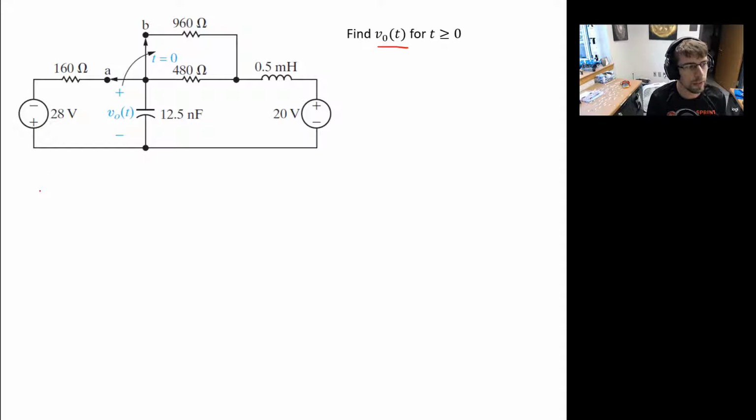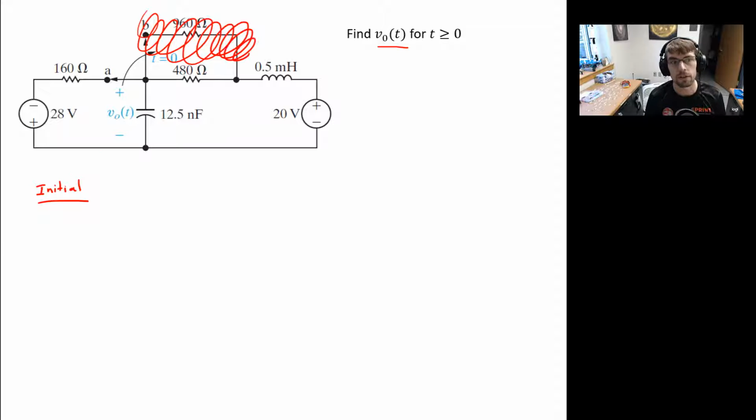So first of all, we have our initial state. And in that, you can completely ignore that resistor. It's as if that resistor is not even there. And furthermore, during our initial state, we can assume that the L's and C's are fully charged.